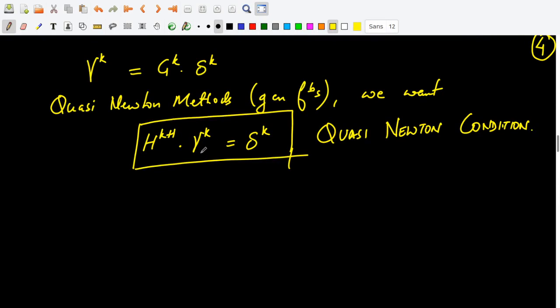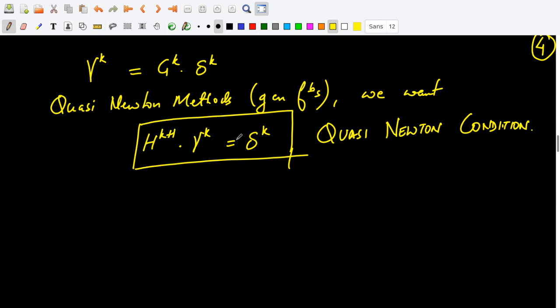Go back to the algorithm where we first set H_k, then we choose a direction s and the step length alpha, which determines delta.